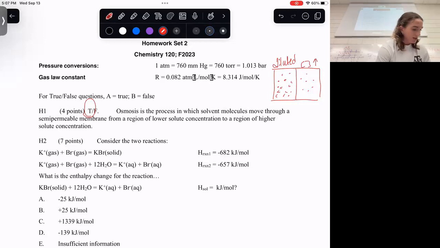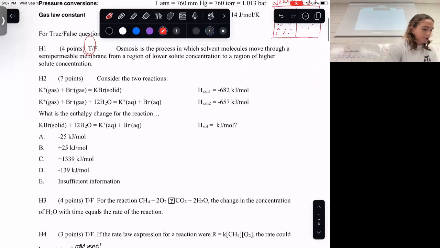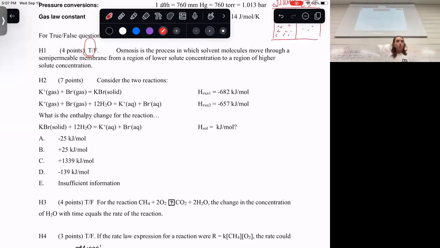Okay. Question 2. Consider the two reactions. We have these here, both with a heat of reaction, that delta H. What is that delta H called? Enthalpy. Yep, this is your enthalpy. We want to know the enthalpy change for the reaction.